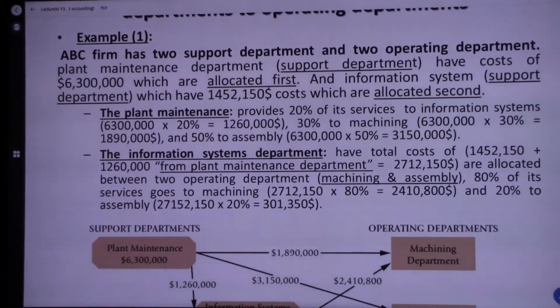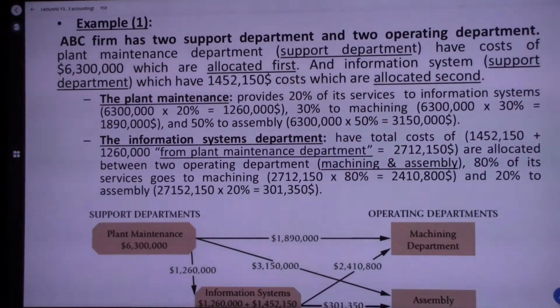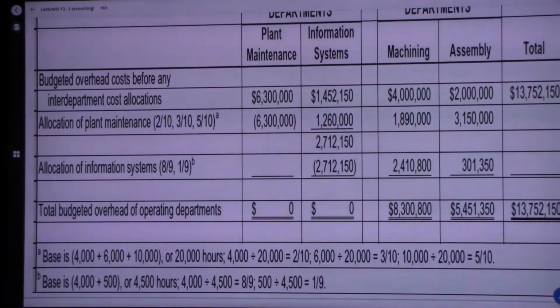The example says it is allocated on a basis of 80% for the machining department and 20% for the assembling department. Doing the math, 2,170,000 is allocated to machining and 542,000 is allocated to assembly. After this allocation, you have a zero balance for information system.